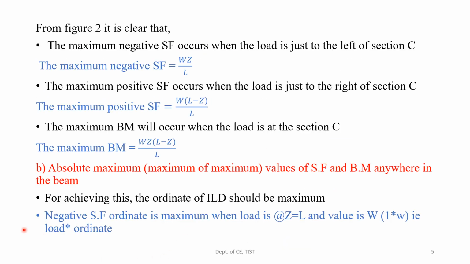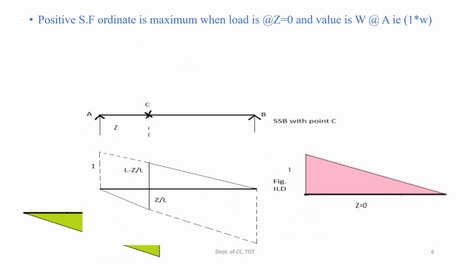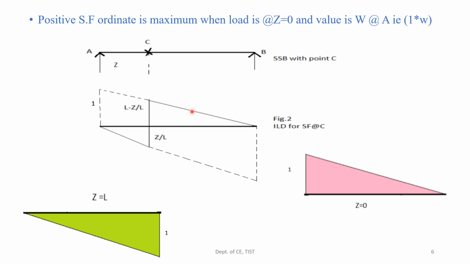See, the negative shear force ordinate is maximum when the load is at Z equal to L, and the value is W, that is 1 into W. Then the maximum shear force ordinate is 1 when we place the load at Z equal to 0, that means here.